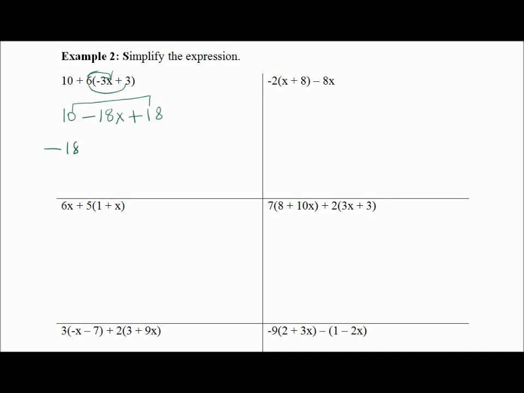I'll write my variable part first, and then I'll have plus 10 plus 18. So I'll rewrite it as negative 18x, combine my like terms, plus 28. And that's my final answer.